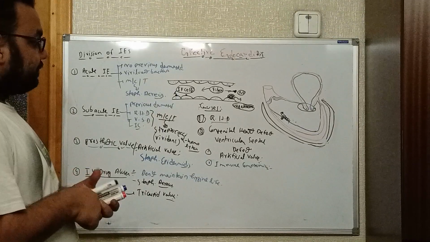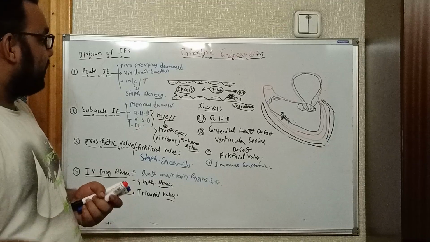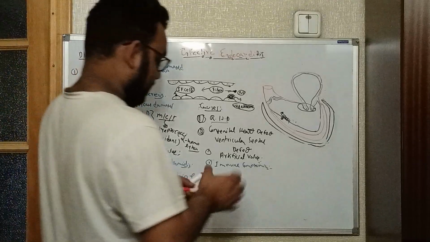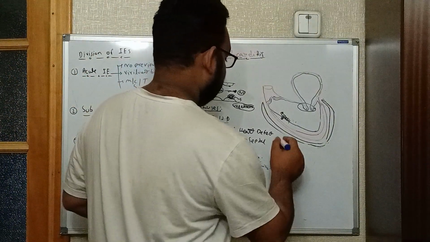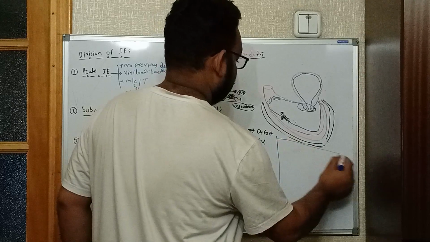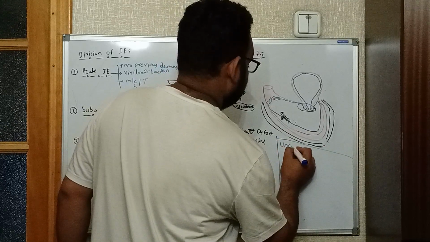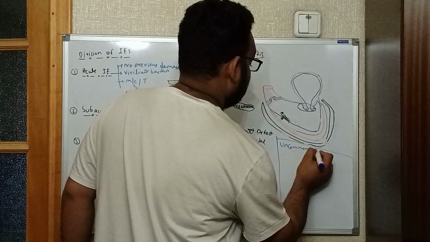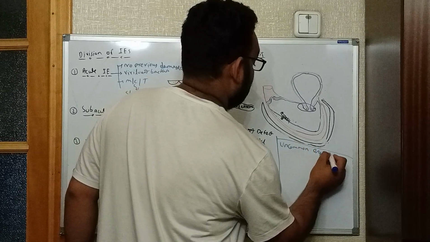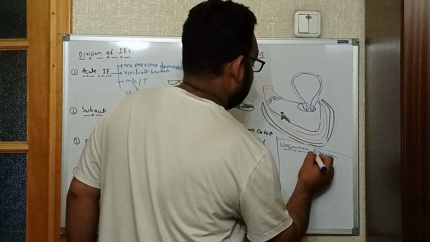Now there are some uncommon bacteria. Okay, let me write it over here. There are some uncommon bacteria that can also cause it. Uncommon organisms, you can say. Let me explain this part a little.